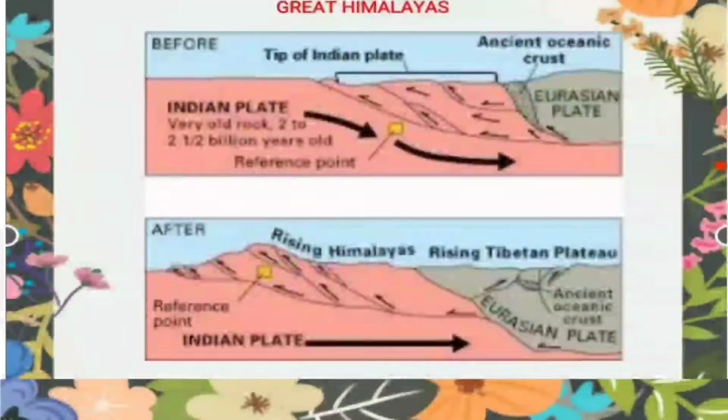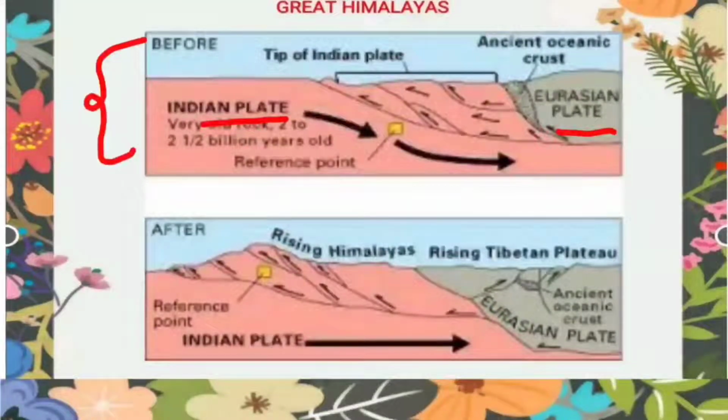As you can see over here, this is the Indian plate and this is the Eurasian plate. This is the normal condition before any subduction. This is the tip of the Indian plate and this is ancient crust, and this point is shown as a reference point to show how the folding of the Earth due to tectonic activities has given rise to the Himalayas.